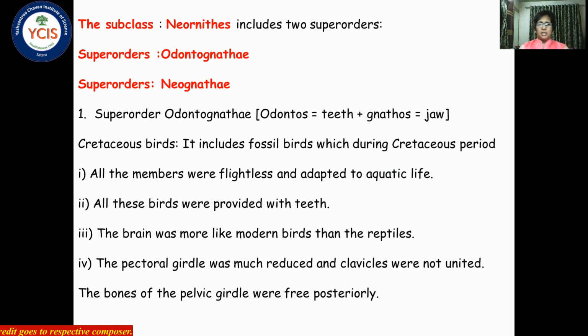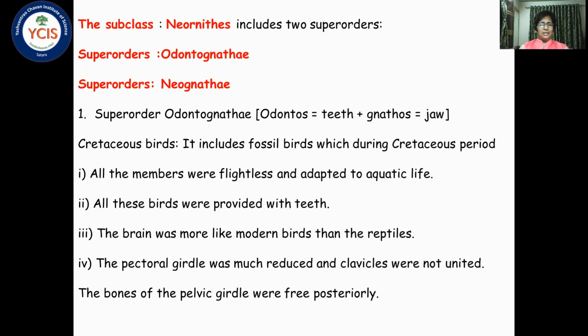The teeth are present in the jaws of the birds included in this superorder. All these birds are found in the Cretaceous period, and it includes the fossil birds of the Cretaceous period.